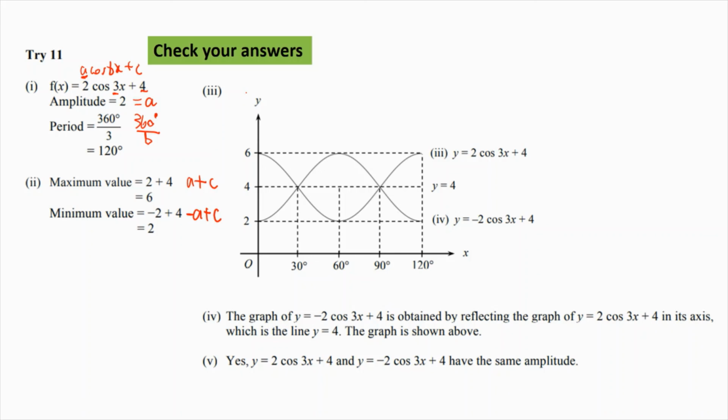How to draw the graph? You know the period is 120, so to draw the graph, go from 0 to 120 degrees. You can get one graph, and this one will be y equals 2 cosine 3x plus 4. The point in the middle is y equals 4, based on your C. Then you're asked to sketch y equals -2 cosine 3x plus 4.